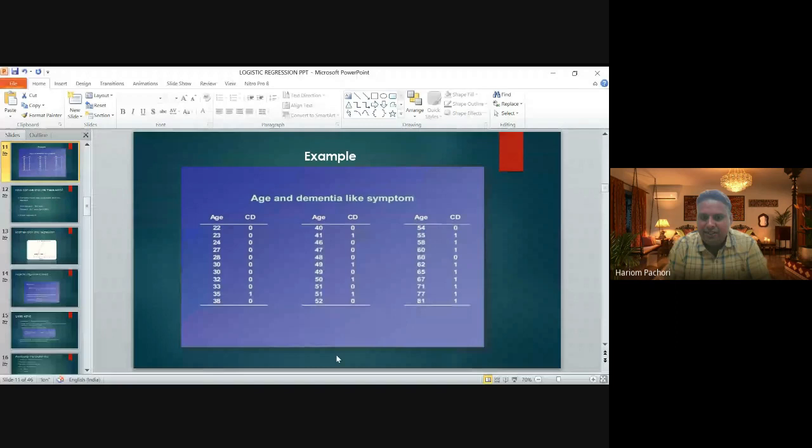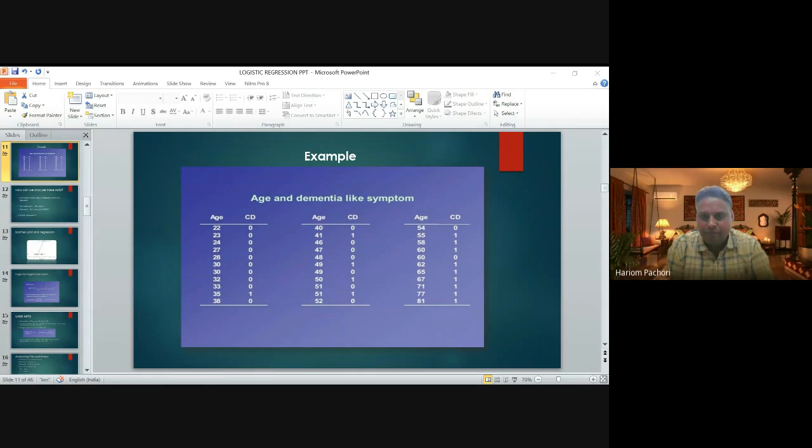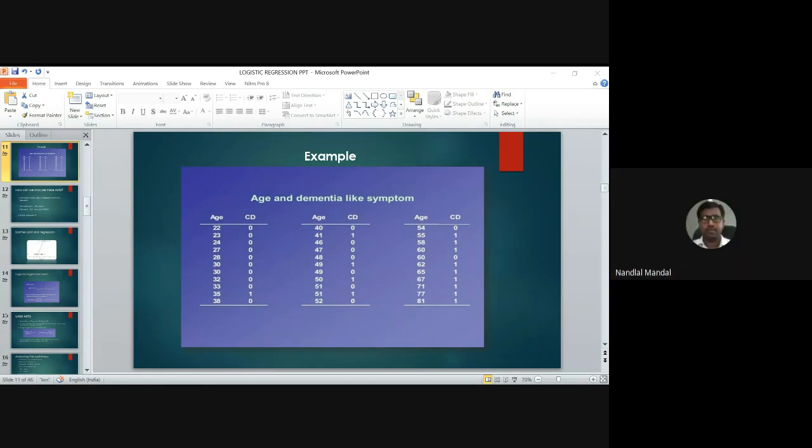Can you see the slide? Yes, sir. You put in slideshow mode, sir. Yeah, I put it in the slide. Can you see the data? Maximize the full screen, sir. Slideshow full screen. Click the full screen mode, sir. Okay.